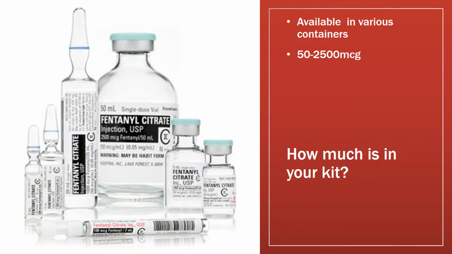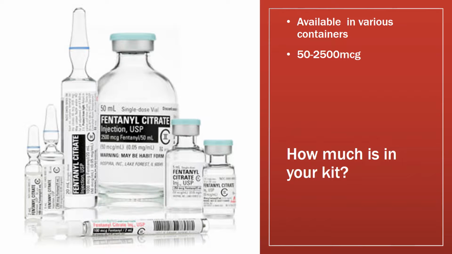So it's available in a lot of different forms, different containers. The carpujects, vials, ampules, and different amounts in each of those. Typically, it's going to be agency specific how much you carry.